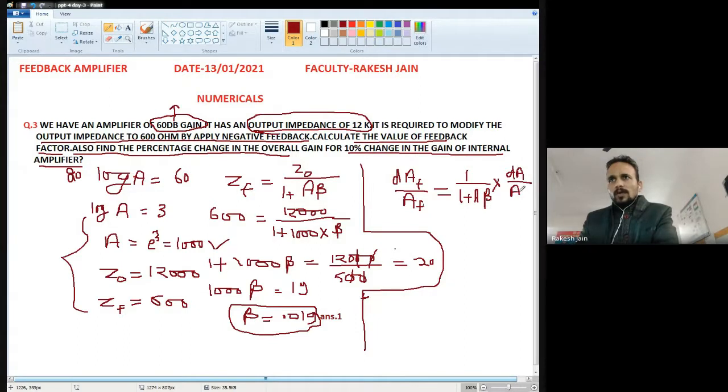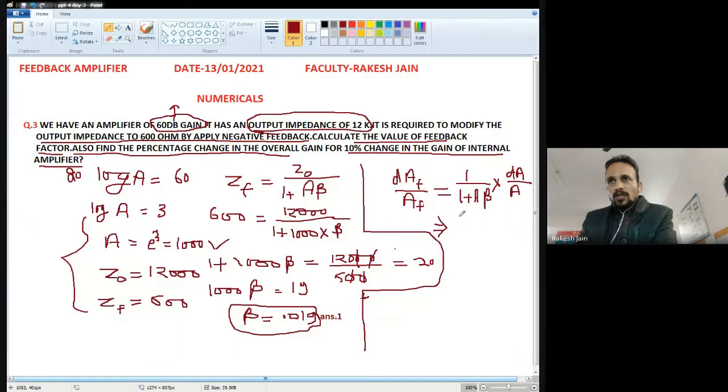Okay. Now what does he say? Find the percentage change in the overall gain, meaning after applying the feedback, what is the percentage change? It means we have to find out dAF upon AF in percentage. Whatever answer we find, just multiply it by 100 so that we get the percentage.